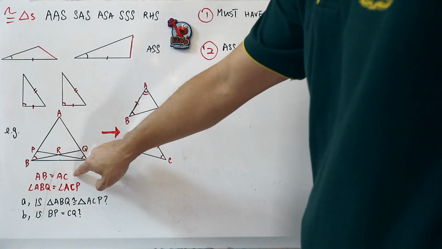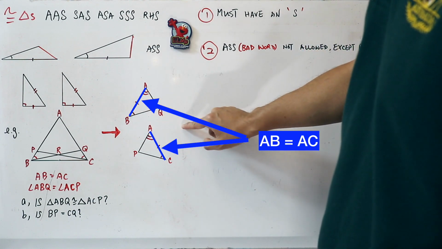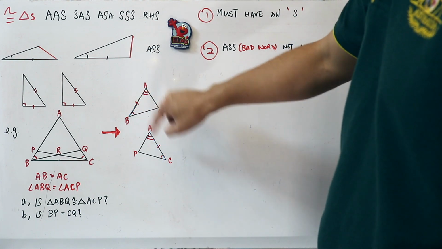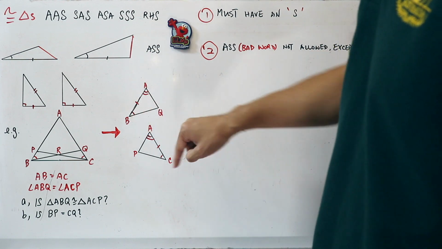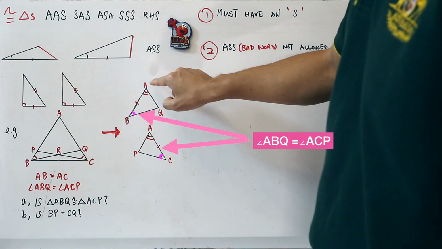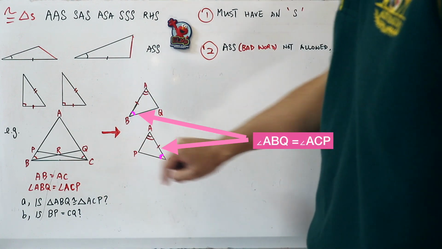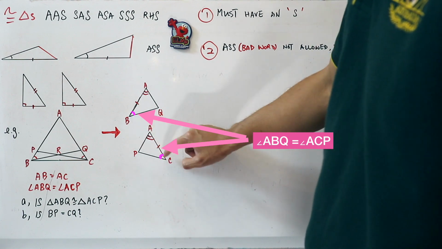First of all, AB is equal to AC. So AB and AC are the same, and I've marked both these sides with a tick, indicating that they are the same. The question also tells you that angle ABQ, which is this angle here, is the same as angle ACP, which is this angle here.